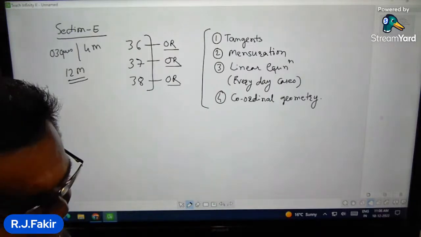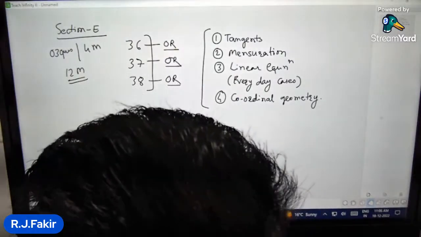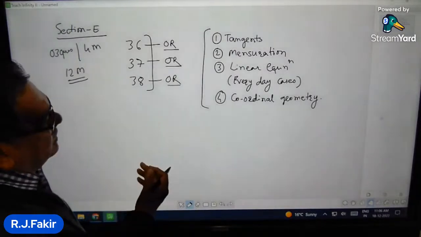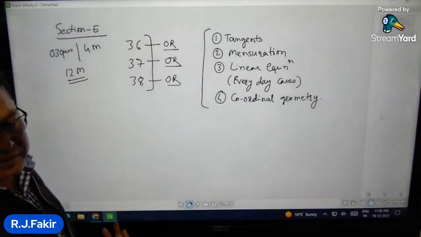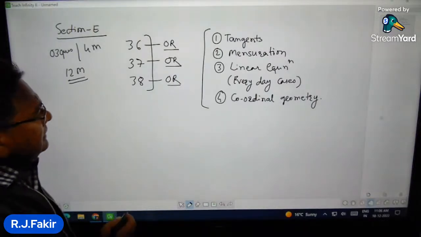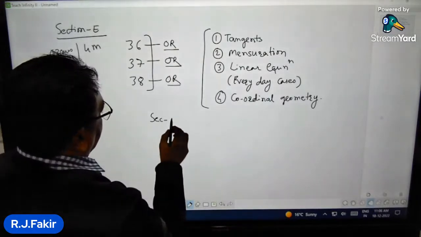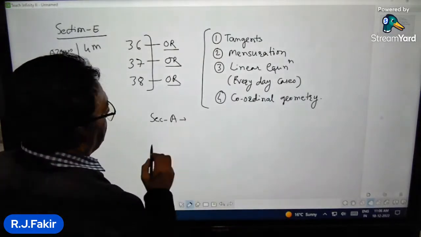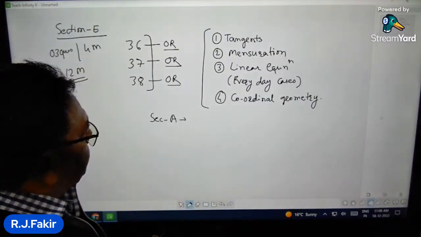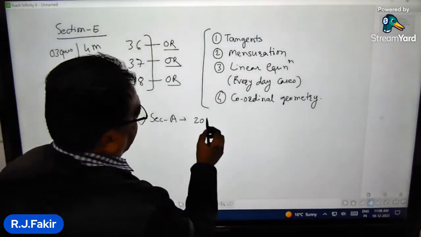What exactly you have to be careful is, you have to be very careful when you get the question paper and you start solving. Now, what exactly I feel, section A is the most time consuming section of this paper, and this has only 20 mark weightage.